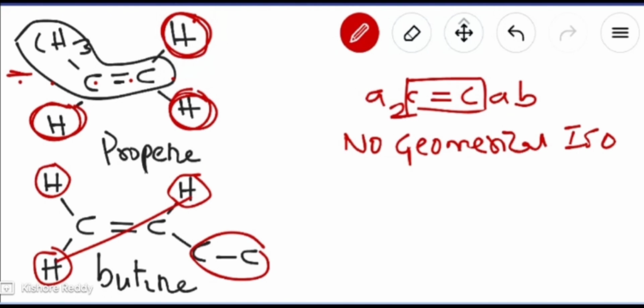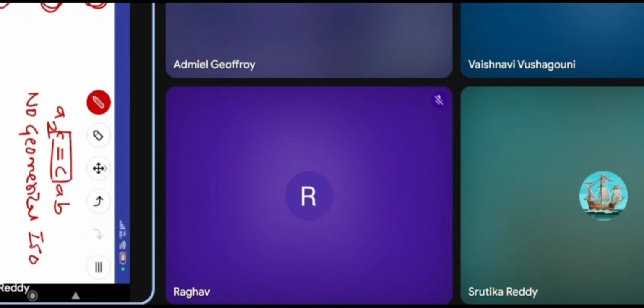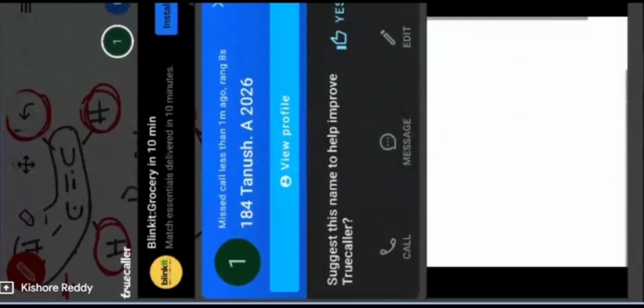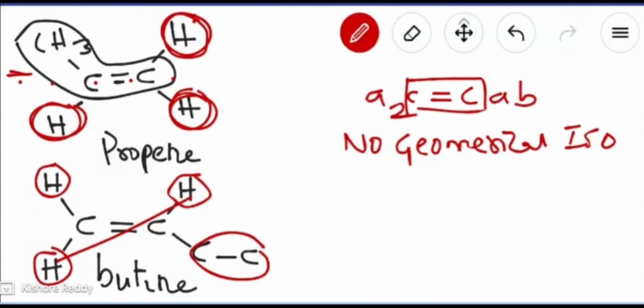Are you able to follow? And here they are on the same side, right? Understood? So that's why we can't show the geometrical isomerism. Even though they are having the double bond, they will not exhibit it. Understood?